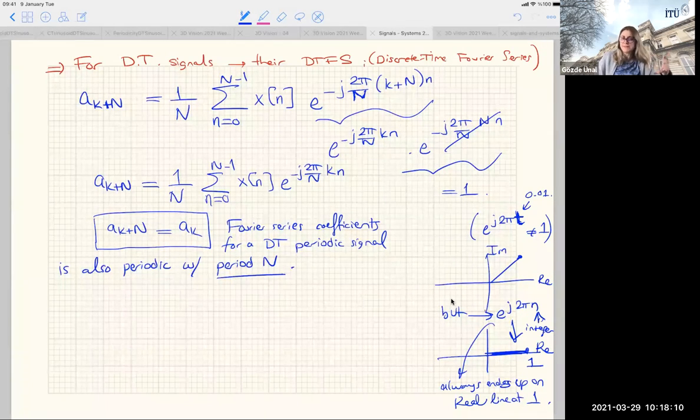It gives us some finiteness, meaning I just need to calculate this ak for N of them, capital N of them, which is really good, guys.